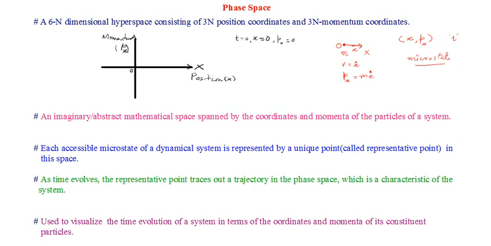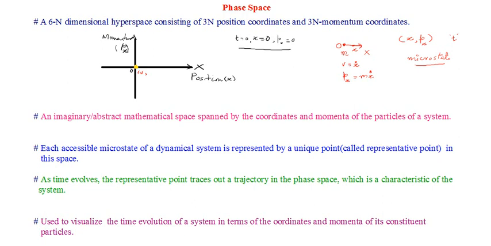Okay. So if this was the case, what would be the state of the system in this particular graph? You can see that the current state of the system at t equal to 0 can be represented by using what? A point, right on the origin here. Because this point denotes position 0, and momentum on the y-axis also 0.